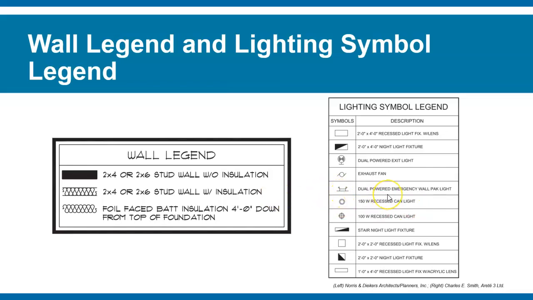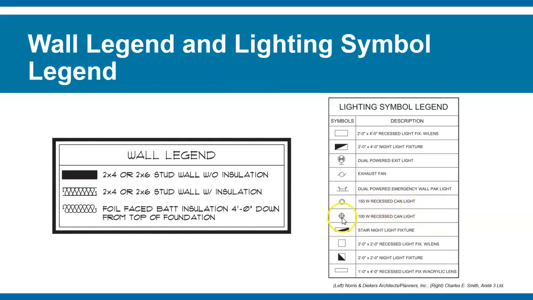And it's for rescue workers as well, or it's to allow people to exit. So here we just see a circle within a circle. In that particular plan, you'd see multiple ones, or maybe just one or two in a room, and it'd be telling you that that is a 150 watt, the W representing the watts, recessed can light.